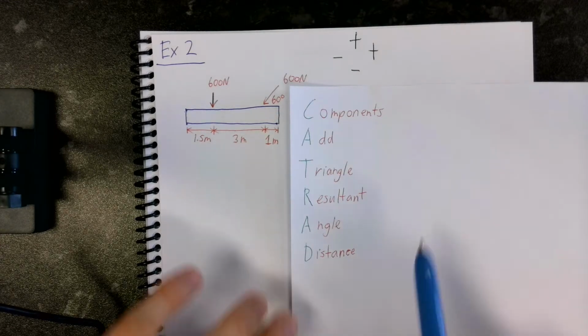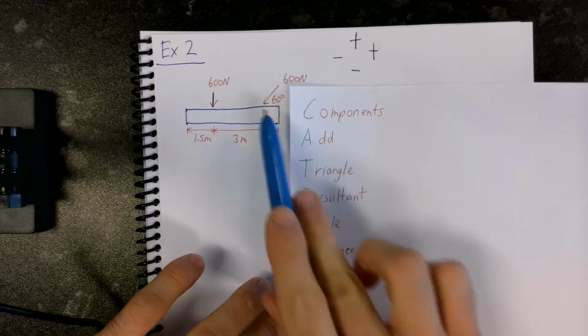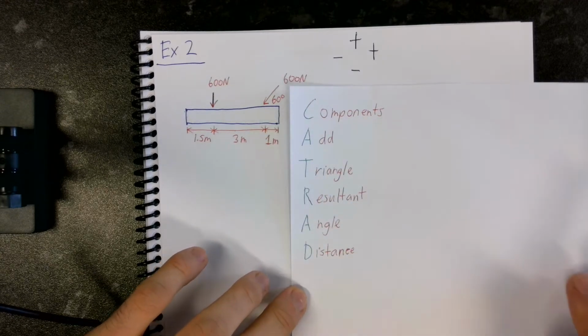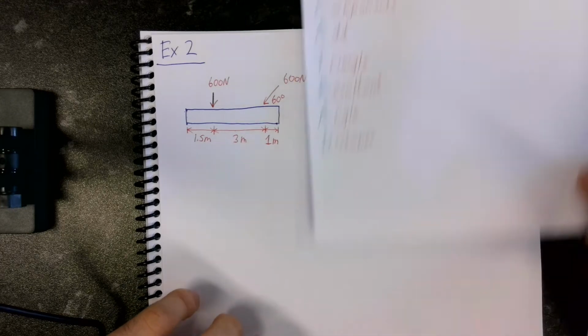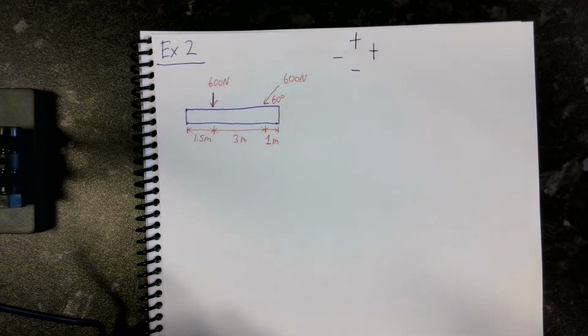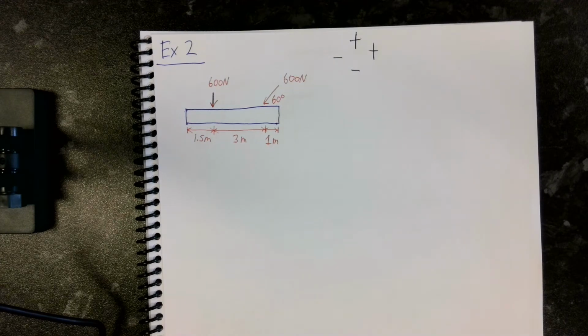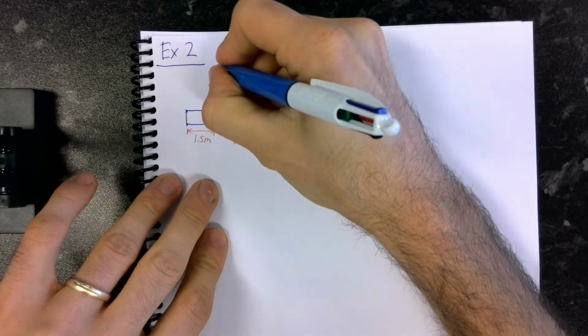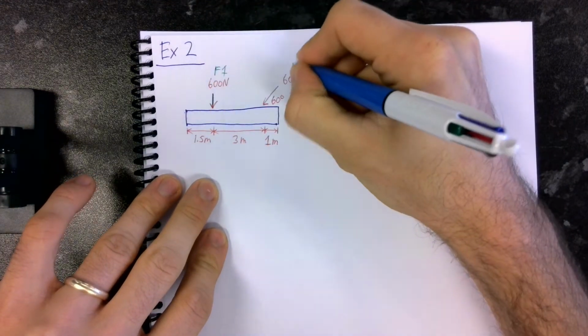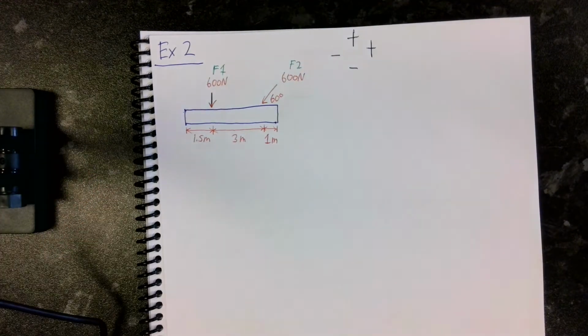Okay, so as you can see, our first part for this is components. We want to start to do the components for this. So what do I do first? Because these forces are the same in the fact that they both say 600 newtons, I label these first. I name that force 1 and that one force 2, just so I don't get mixed up.